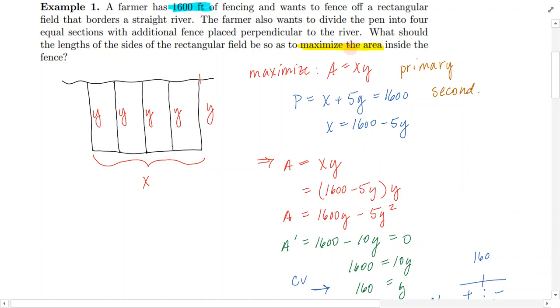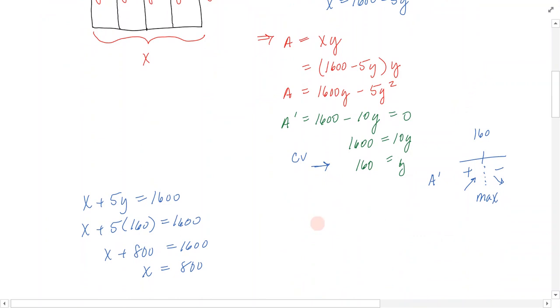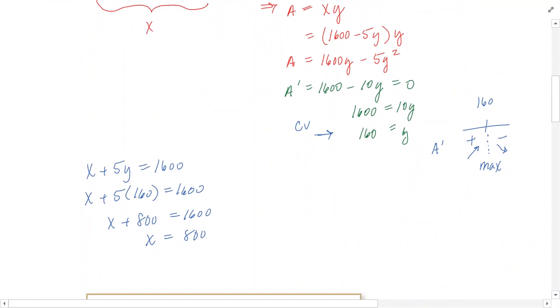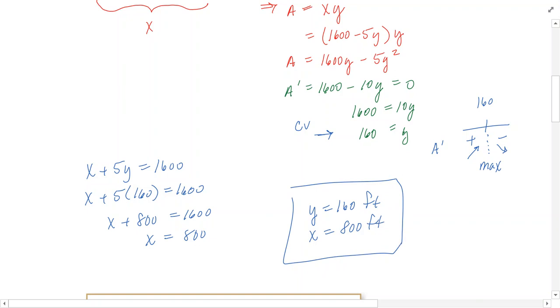What's the largest pen he can build that would give him the maximum amount of area inside? And he was wanting to figure out what the dimensions would be. And we found that the dimensions would be when y is equal to 160 feet and x is equal to 800 feet. That's going to maximize the area of his pen.